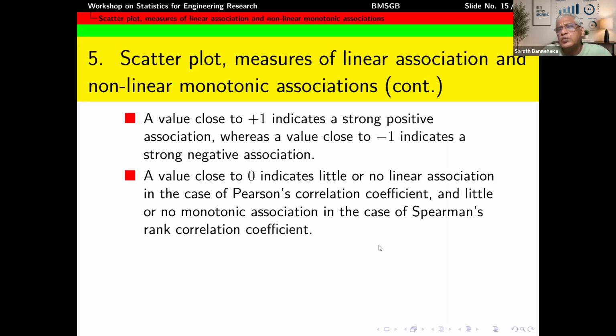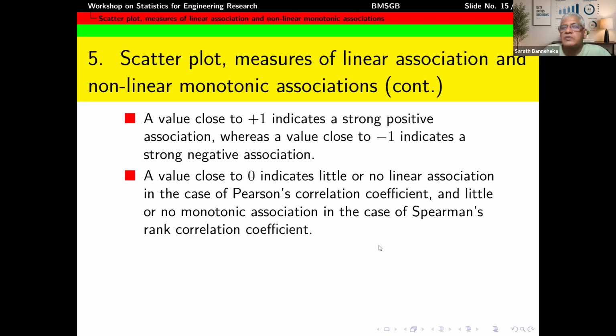Depending on the value that you get, people use different wordings to interpret the relationship that is appearing in the correlation coefficient, in the scatter plot. If the R value or RS value is close to +1, for example 0.8, 0.9, or any value close to that, like 0.85, 0.87, then in case of R, people interpret it as a strong positive linear relationship.